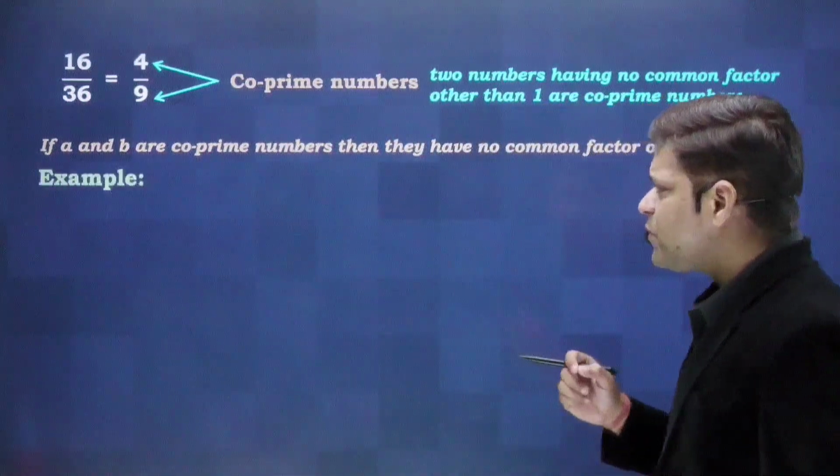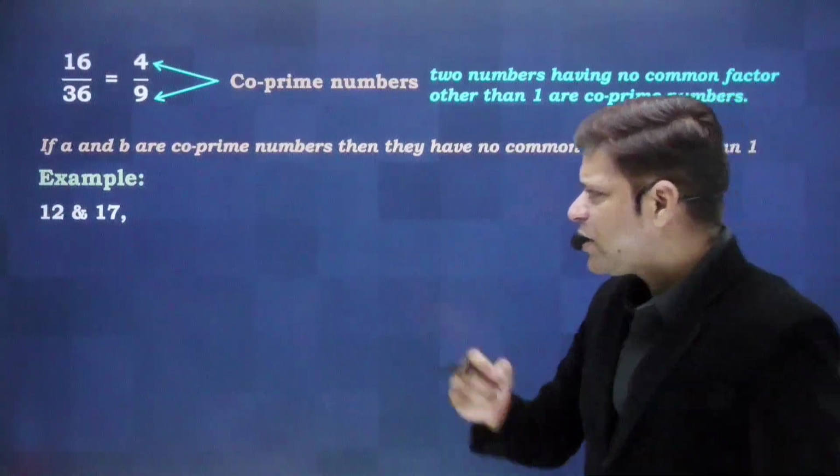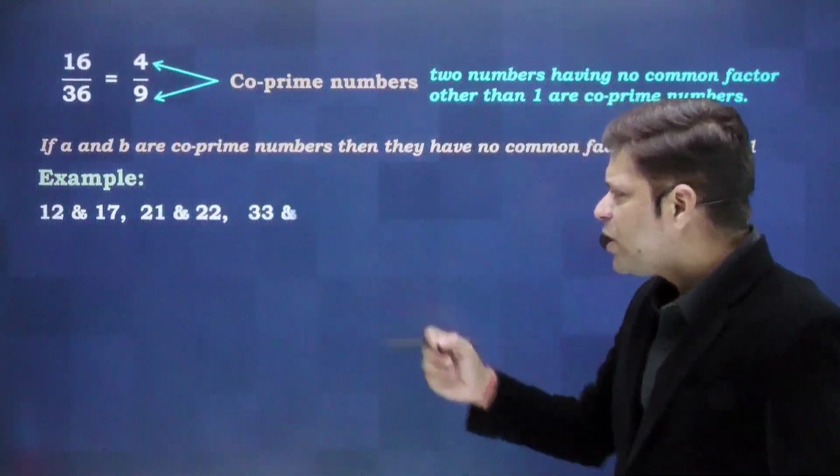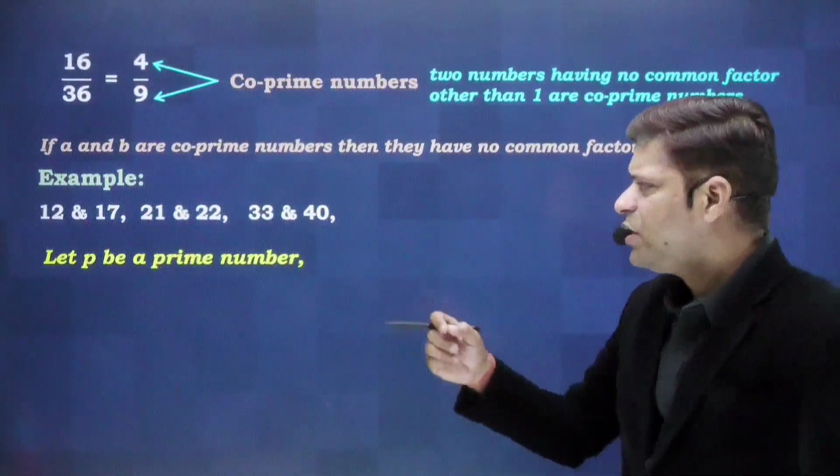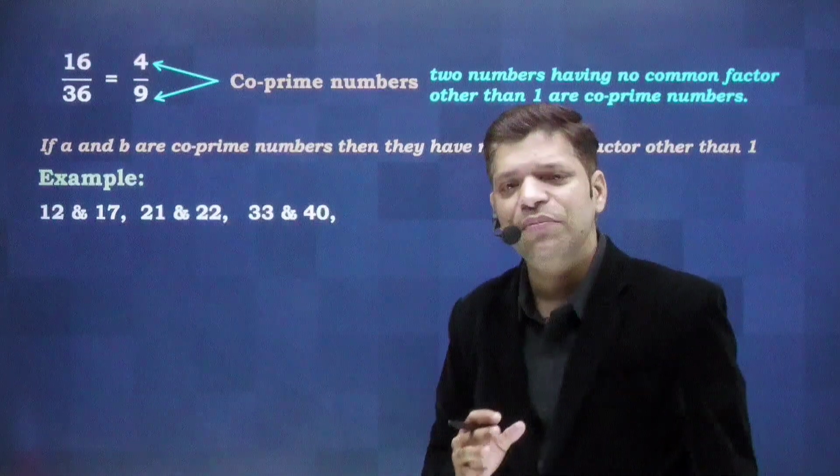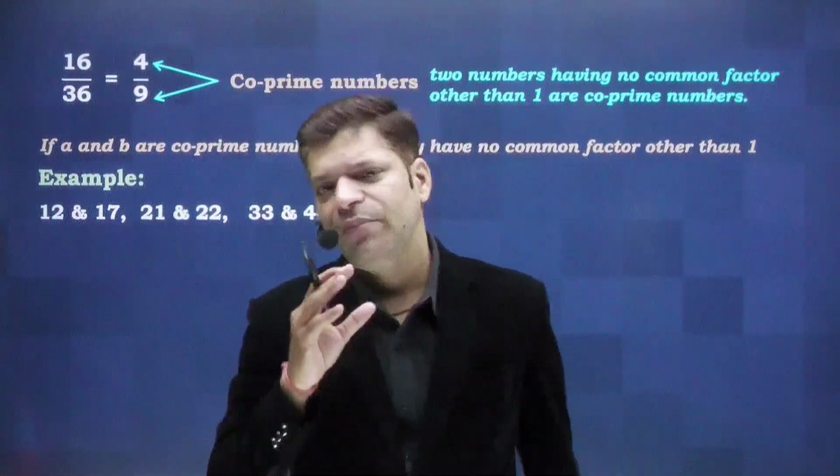For example, 12 and 17, 21 and 22, 33 and 40 are all examples of co-prime numbers.